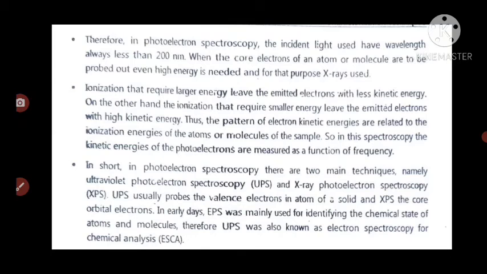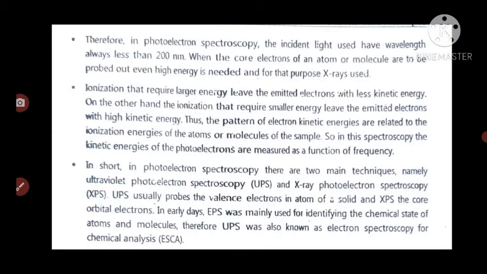So there are two main points here. First, when a large ionization energy is involved, the electron that is knocked out or ejected has less kinetic energy. On the other hand, when the ionization energy required is smaller, the ejected electrons have high kinetic energy.